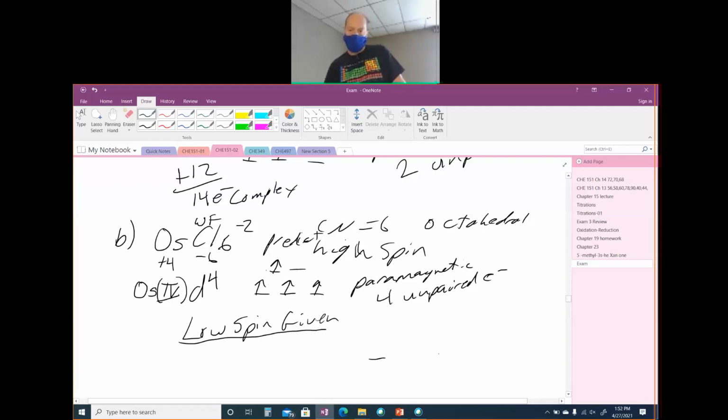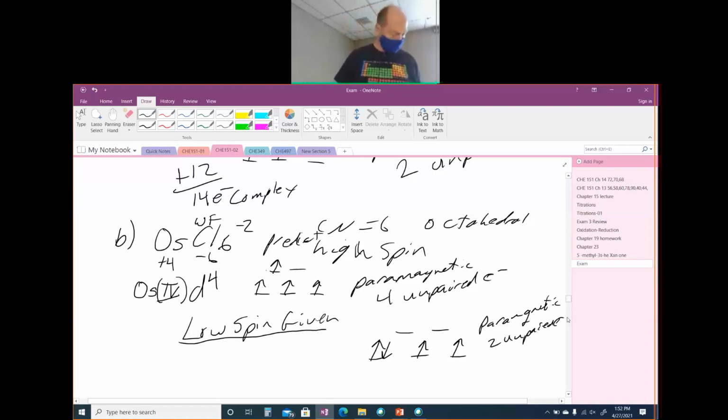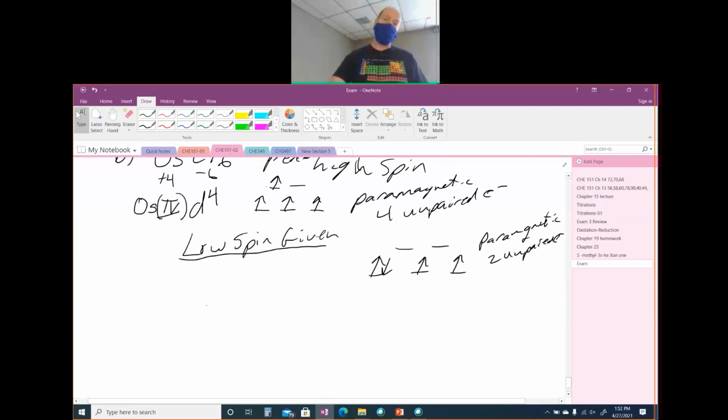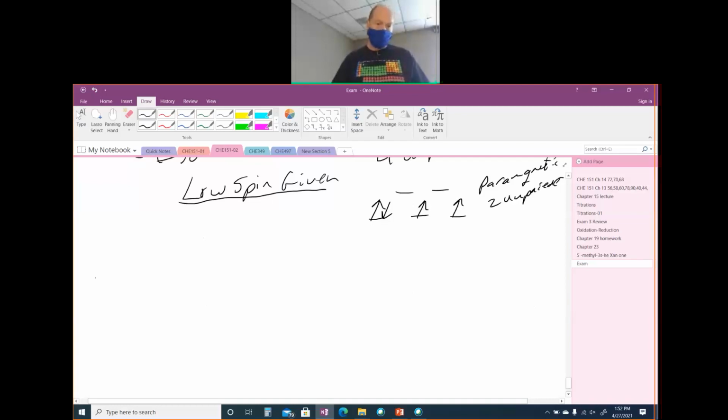We are predicting it because of the ligands, but if they tell us, that means they did their experiment and found that it was paramagnetic, but there were only 2 unpaired electrons. So when they find that information, then they know that it is low spin. Now the next one is the prediction and the actual is the same, which is the usual case.